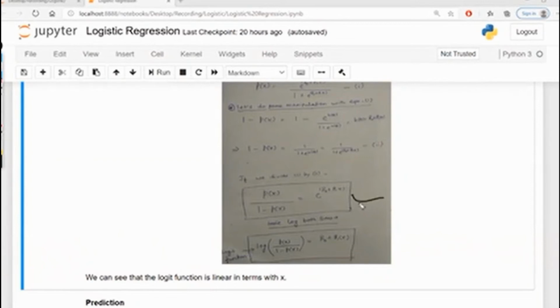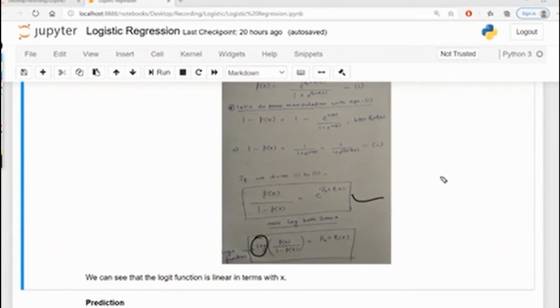right? So what the logistic function does, in order to get the probability, it is going to apply a log transformation, right? And when we apply a log transformation, that will give a probability, right? Or maybe some number depending upon the data basically.